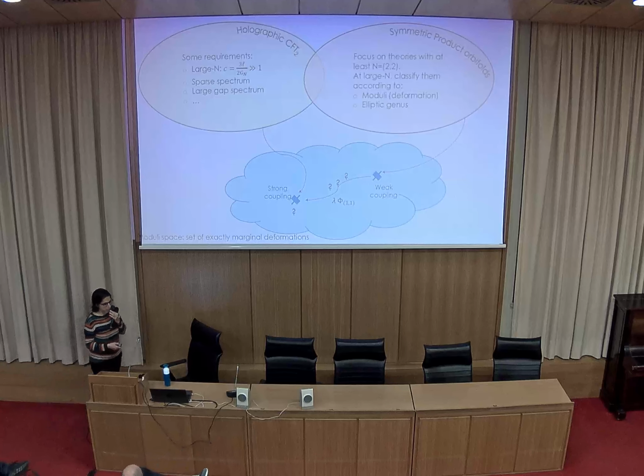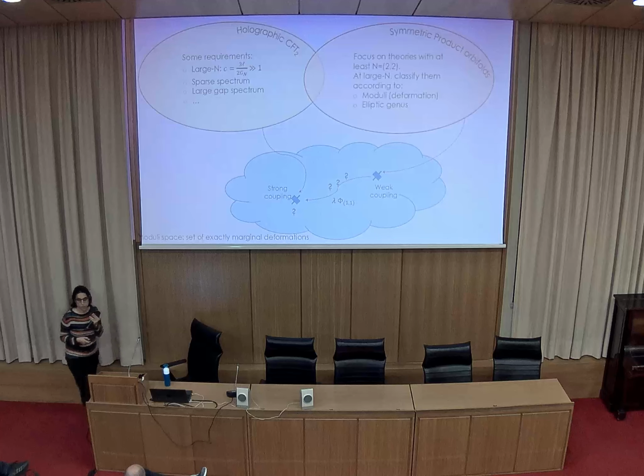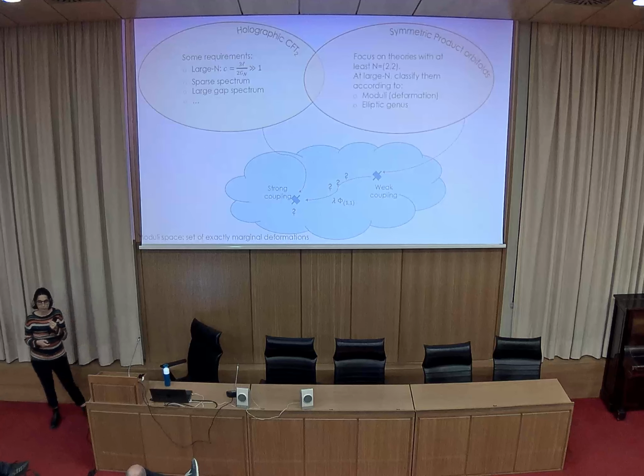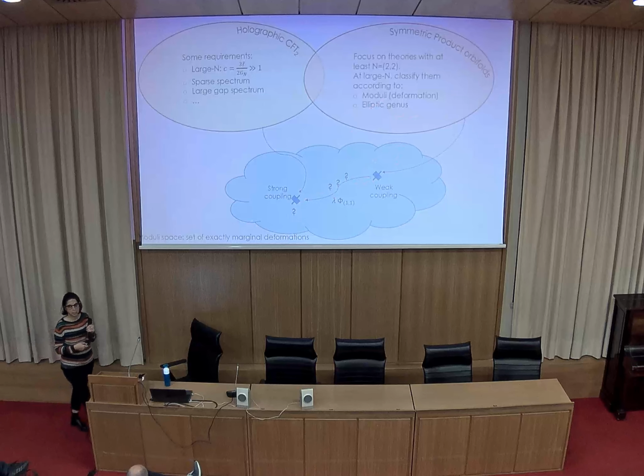Basically, what I'm going to do is try to find evidence for this point by looking at two criteria. It's quite simple. First, that the symmetric product orbifold has moduli, that it has exactly marginal deformations, so that at least this cloud makes sense. And then the second is that I'm going to look at quantities that are protected under the cloud.